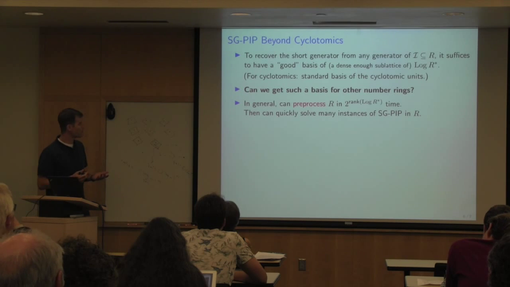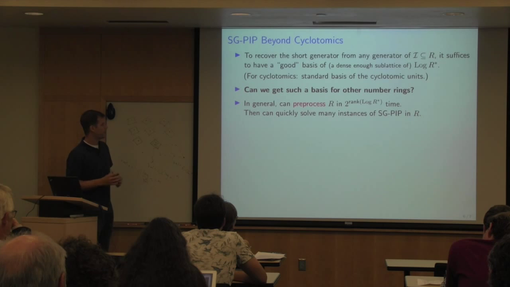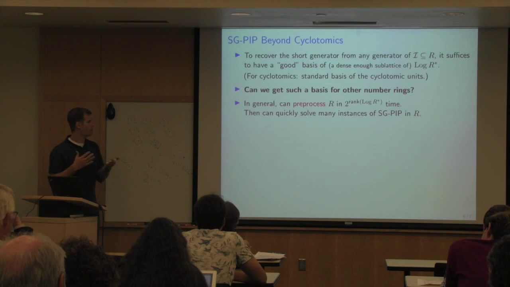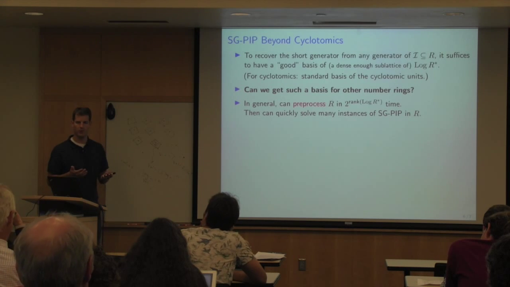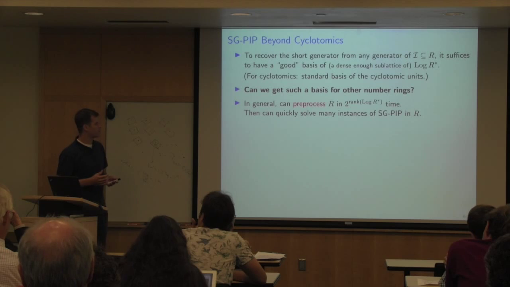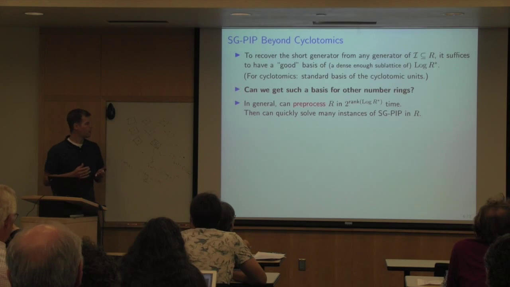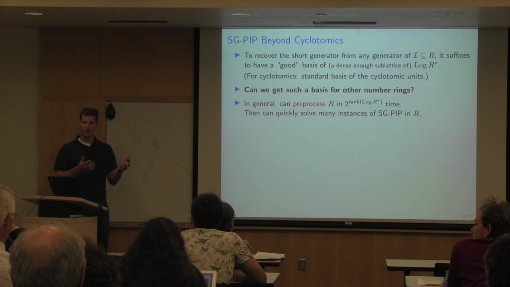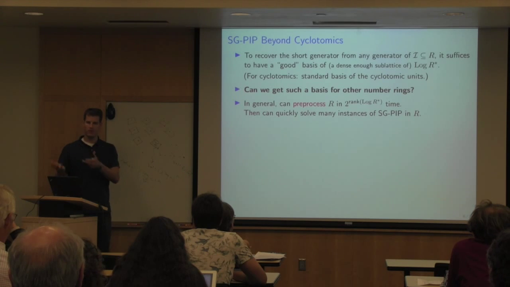If my number field and my number ring is completely arbitrary, and it's just given to me, then I can pre-process it for a while. This is before I know the ideal. So let's suppose we're in a world, the typical crypto world, at least for constructions that we usually consider, where there's a ring which is fixed for everybody in the world, and then they generate their own keys, whatever the ideal happens to be, relative to that fixed ring.